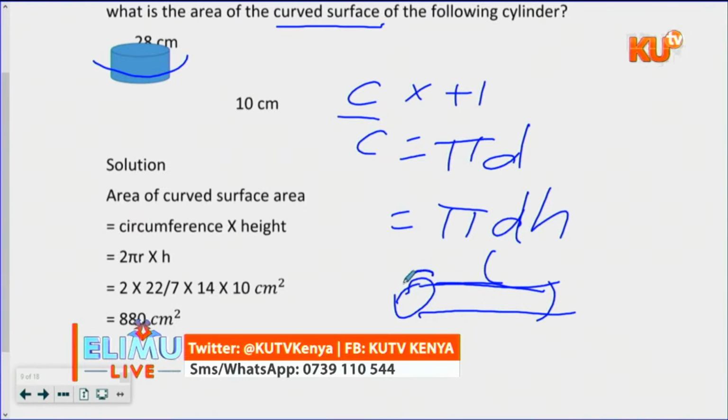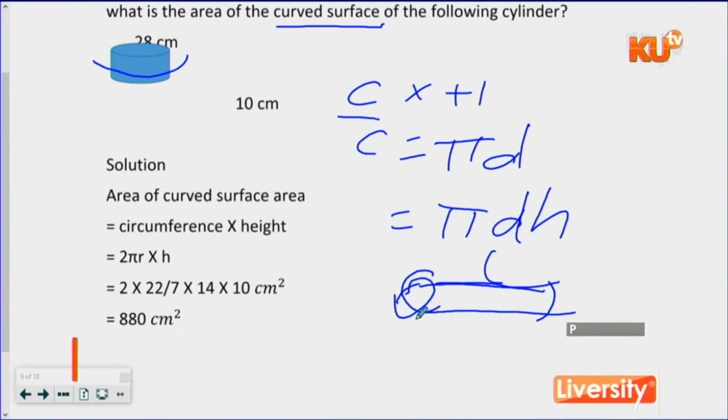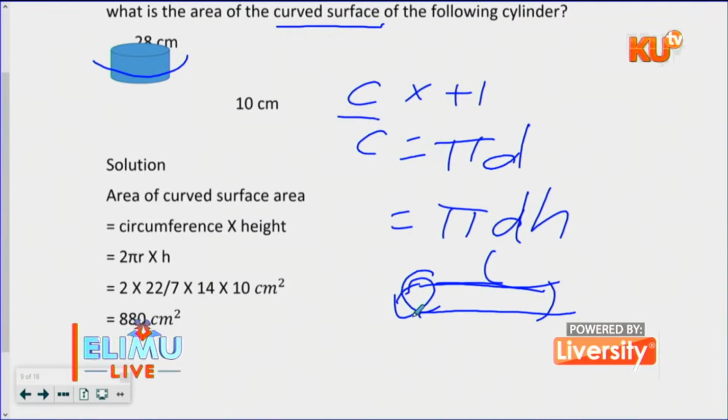And this one will still be our circular part, which will say circumference equals pi d. And now instead of h, you can say pi d l. Whether you use pi d h or pi d l, remember what is h. You should know what is h.